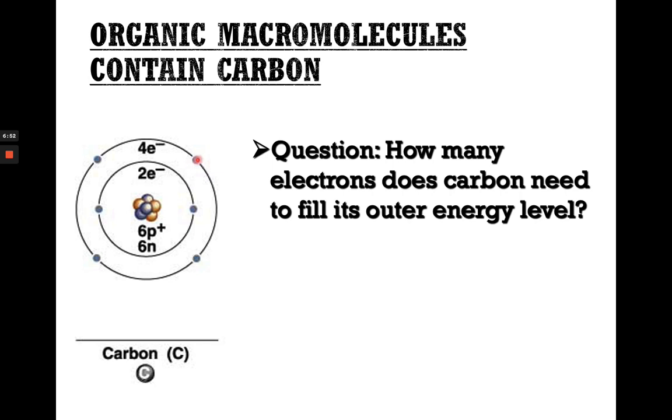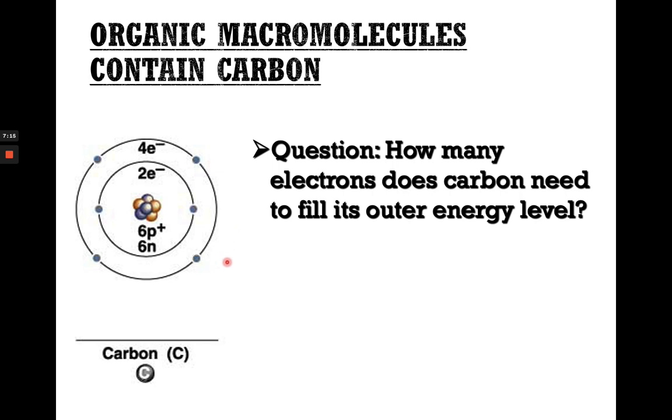Well, if you remember from grades 9 or 10 science, because it was covered in both, this is your outer energy level, and this is called the valence energy level. And that's really all that we care about when we talk about elements in chemistry and how they bond together to form bigger molecules. So you'll see that there's already 4 electrons in that outer energy level.